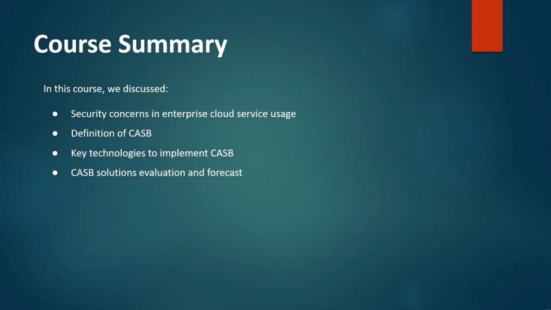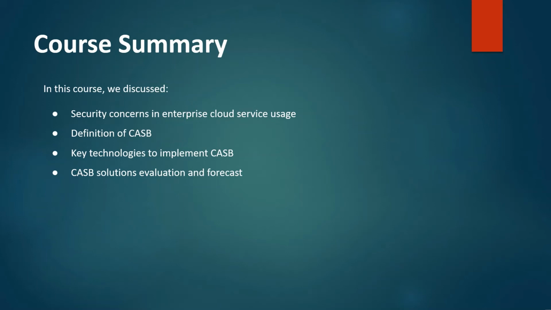Now we have come to the end of our course. In this course, at first, we reviewed the security gap after enterprises moved their IT assets from on-premise to cloud, where they're exposed to a bunch of cloud-specific security risks. And then we reviewed the definition of CASB from Gartner and the related technologies that are in place to implement the security capabilities in CASB, namely visibility and control.